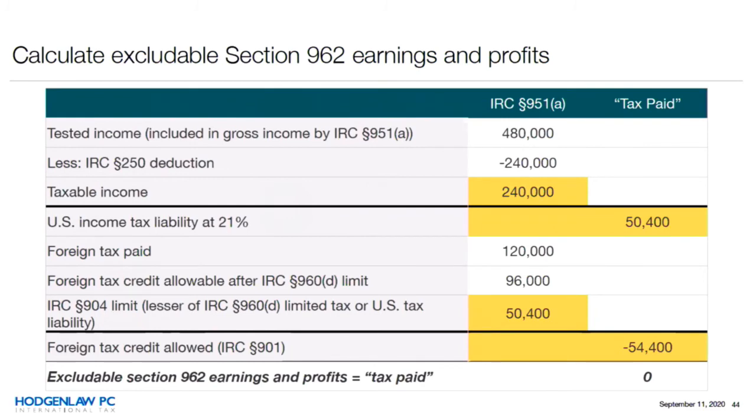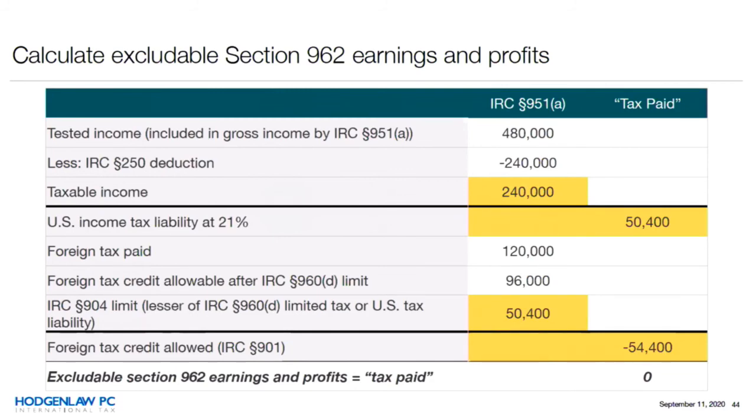Remember that Section 960D says if you have global intangible low taxed income, you're only allowed to take a deemed foreign tax credit for 80% of whatever was actually paid by the corporation. And then finally, we come to the Section 904 limit, which is the lesser of that 80% number or the U.S. actual tax liability. And in our case, it's the actual tax liability. So it's going to be $50,400.